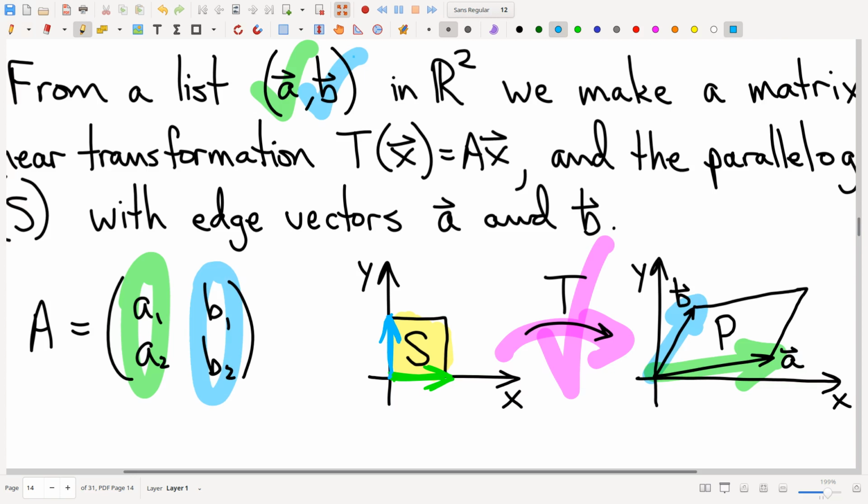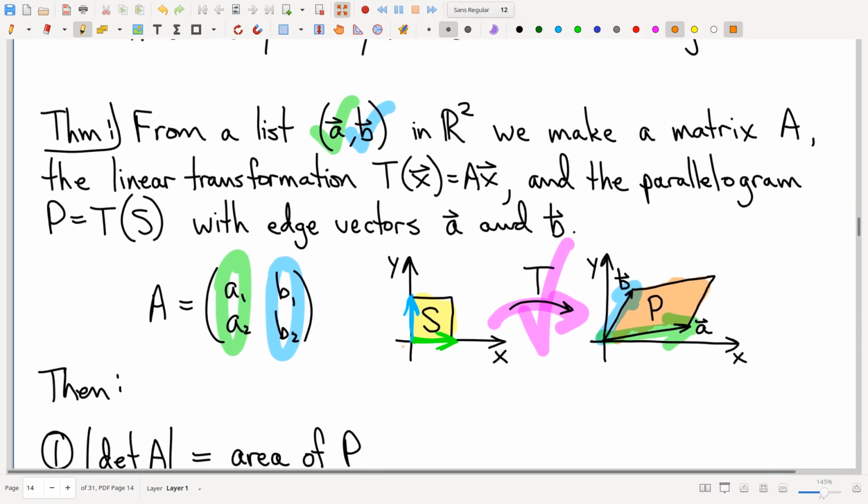So, keeping in mind, from this original list, we made a matrix, which gave us a linear transformation, which now has given us a parallelogram, and conveniently, the edge vectors of the parallelogram are the original list of vectors. Now again, I haven't proved anything yet. I'm just making stuff about which I'm going to make some statements. Does everybody understand the process by which I've generated these objects? Everybody good with the objects?